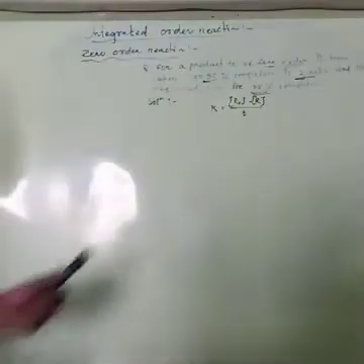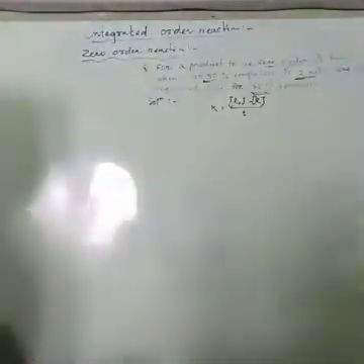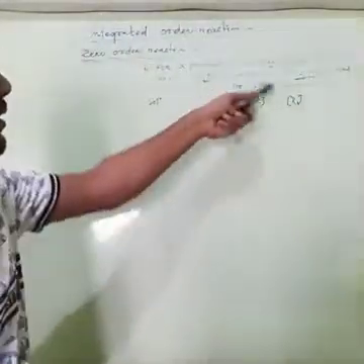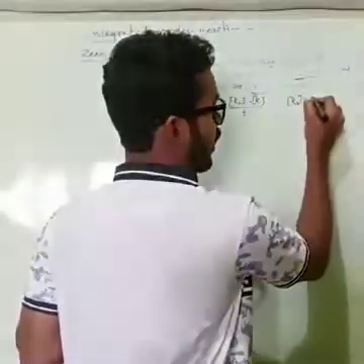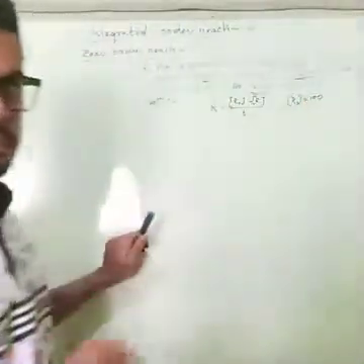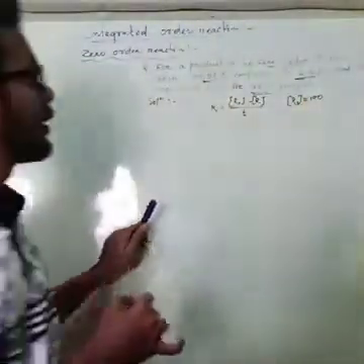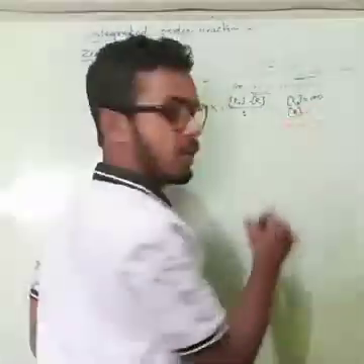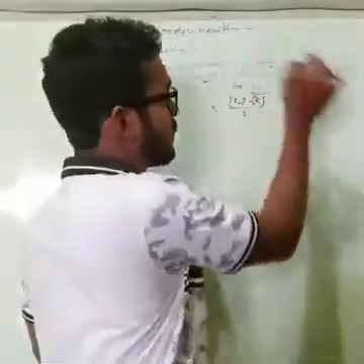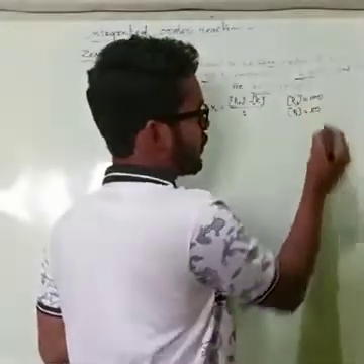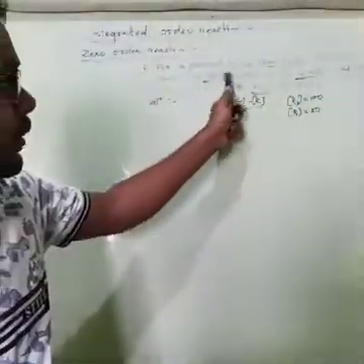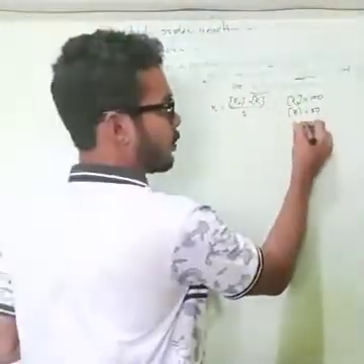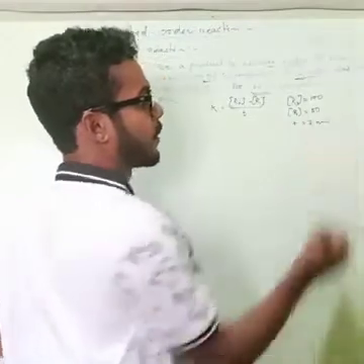Yes or no? Suppose R naught, because the initial concentration is not given, is 100, and this is your remaining concentration. For 50% completion, the remaining is 50. The time is t equals 2 minutes.